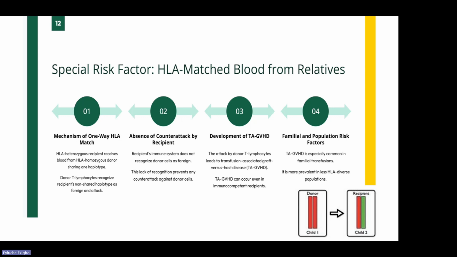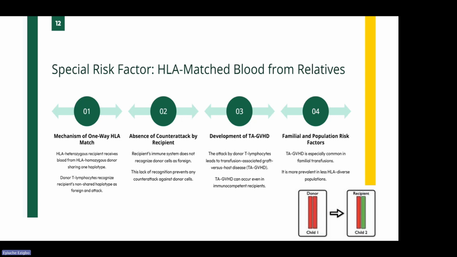Okay, so when these donor cells are transfused to this recipient, the recipient will see the donor as itself, because the recipient is heterozygous for the antigen and has a complement of it.